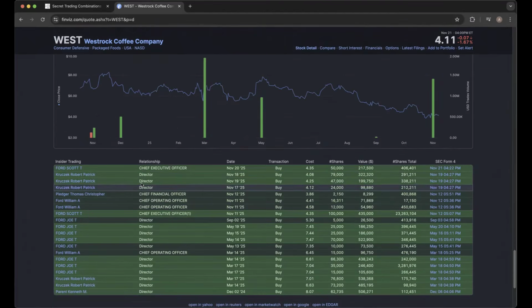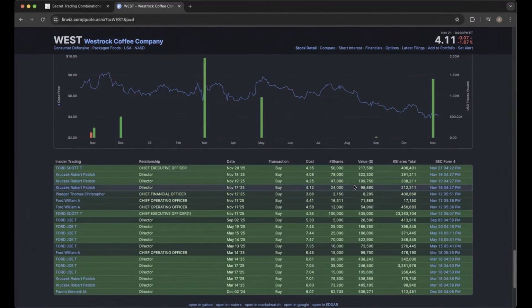A lot of directors are buying this asset. If you look at the volume they're buying, they're not buying really heavy volumes, just 100K, 200K, 300K.